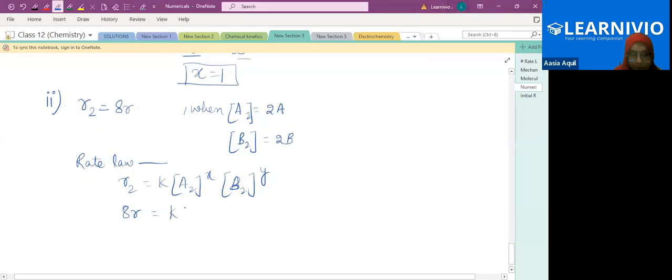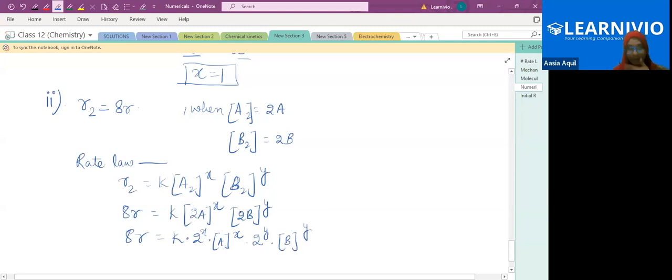Now K will be equal to 2A raised to the power x, 2B raised to the power y. So 8R will be K into, when you split this, 2 raised to the power x into concentration of A raised to the power x. And this also, 2 raised to the power y, concentration of B raised to the power y. Okay, so let's suppose this is equation 3.